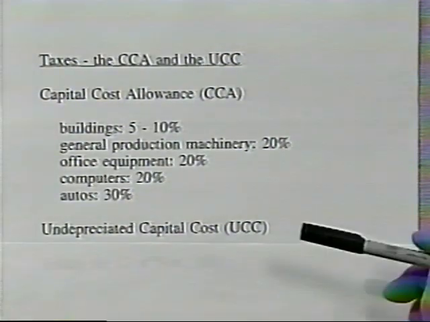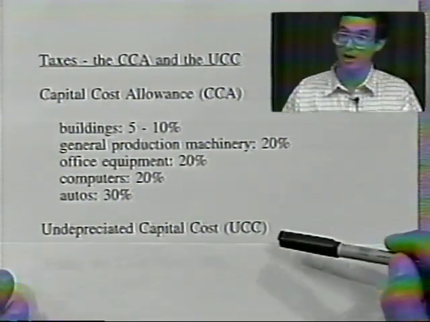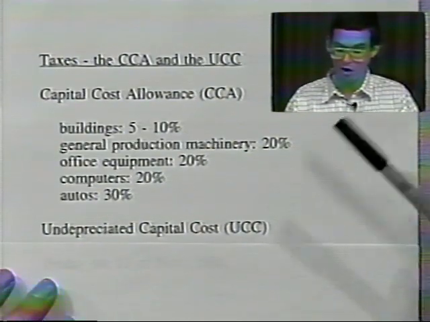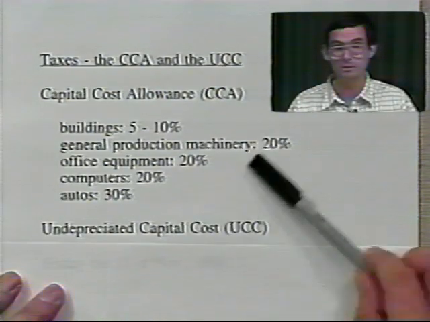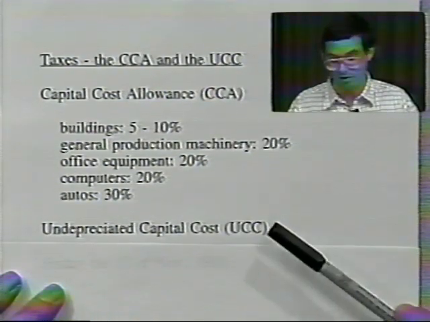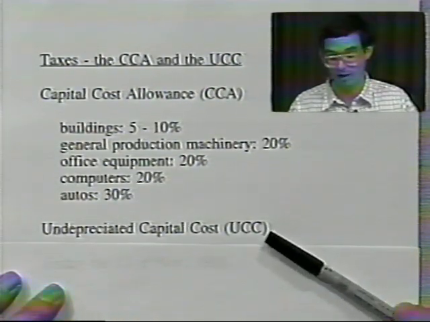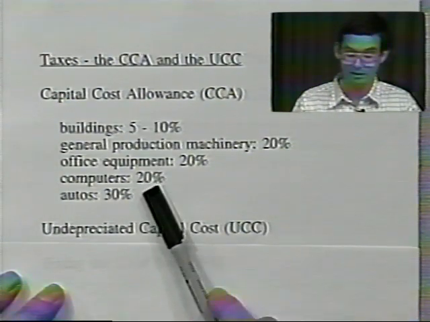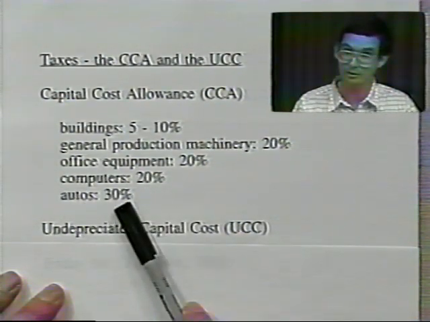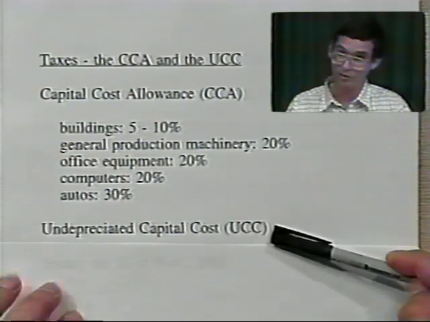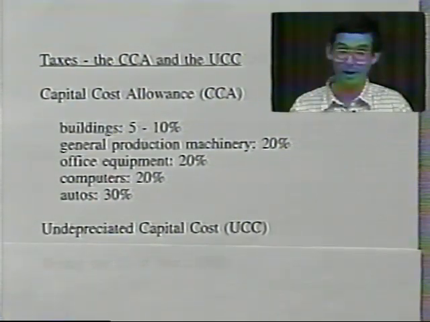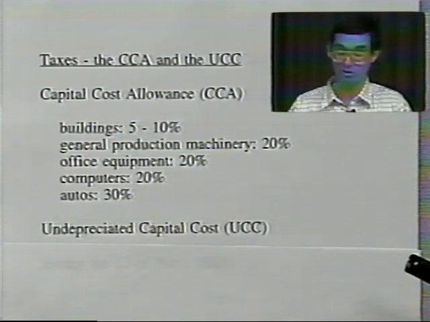So for example, there'll be an undepreciated capital cost account for assets that have a capital cost allowance of 20%. A separate undepreciated capital cost account for the assets that have a capital cost allowance of 30%. And the amounts that are in those accounts are the total of the book values of all the assets that have contributed to it.